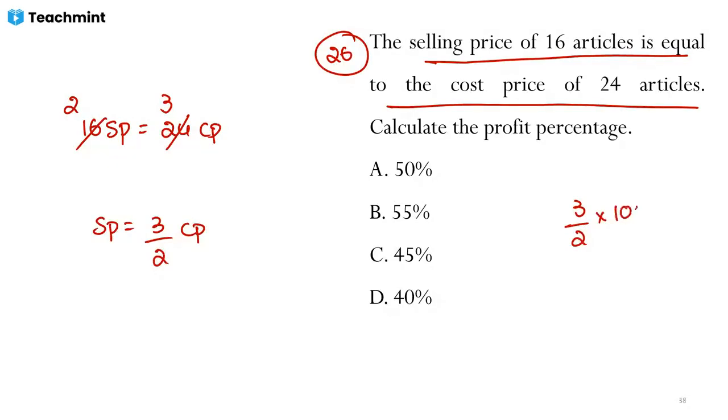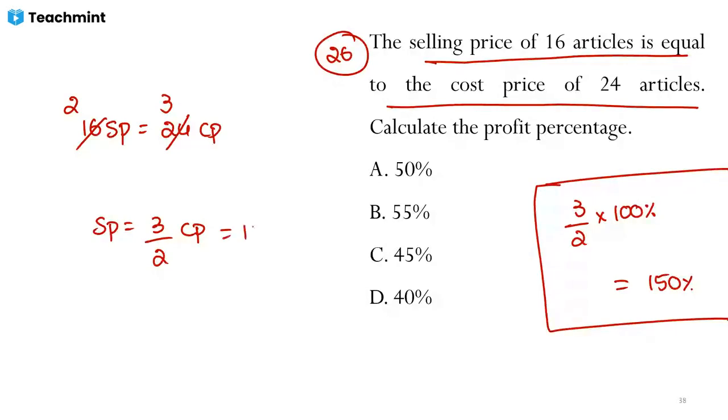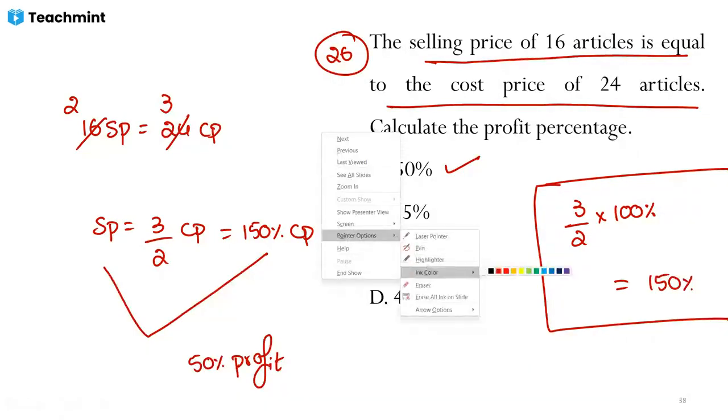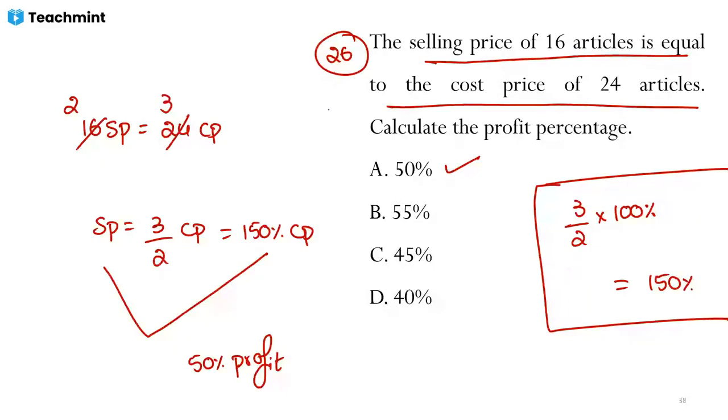Whether it is integer or fraction or decimal, if you want percentage, multiply with 100. 150% of CP. SP is 150% of CP, so 50% profit. If it is 120%, we'll say 20% profit. See, no formulas, simple concepts. Very good, my dear friend.